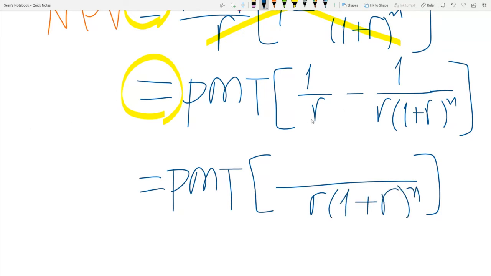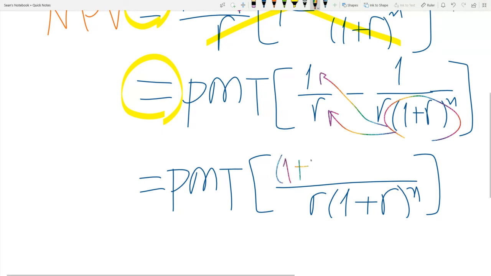In other words, by multiplying by (1 plus R) to the n here, right? And if you do that, you do the same thing to the numerator as well. So we consolidate the denominator, and this one becomes then 1 plus, not that one.